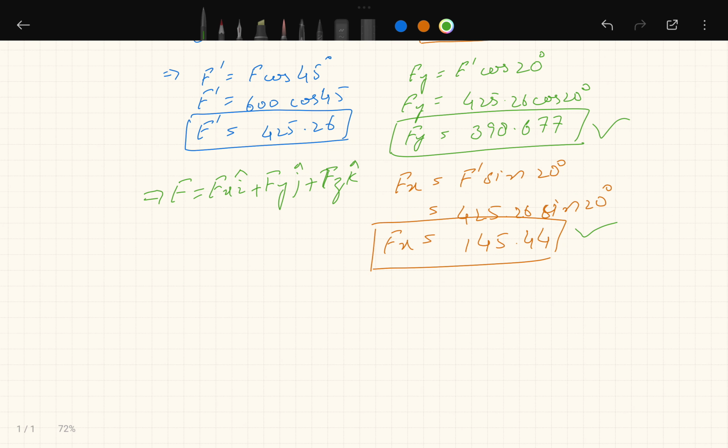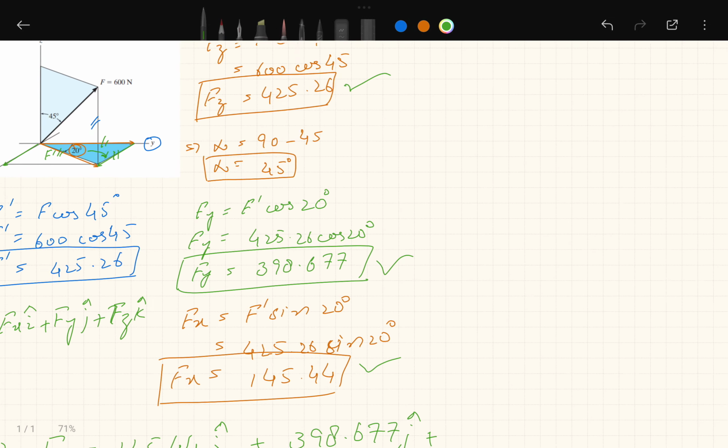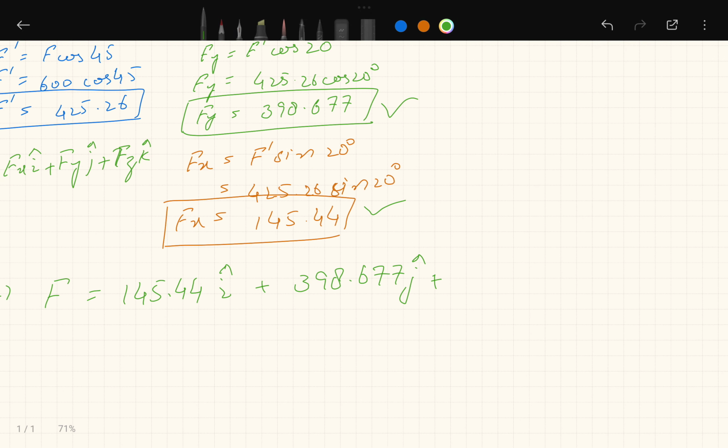Using this, you can represent the force F equal to 145.44 i, plus 398.677 j to represent it in the y direction, and then finally your z component, 425.26 k.